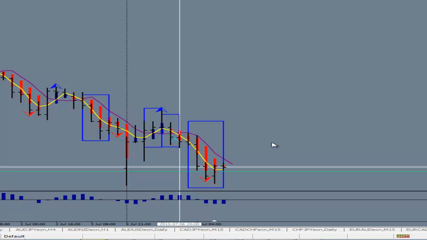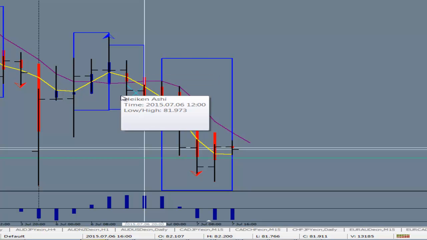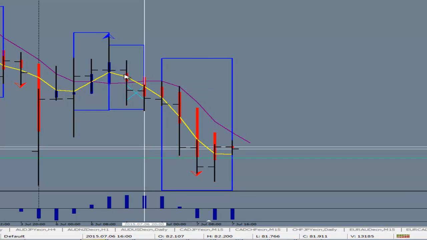Okay, what is a trend? You can see this is a trend on a 4 hour chart. We didn't know what it was going to be like on this bar right here. It opened, closed lower. Opened, closed lower. Opened, closed lower. Opened, closed higher.